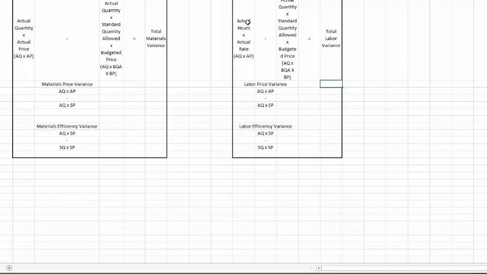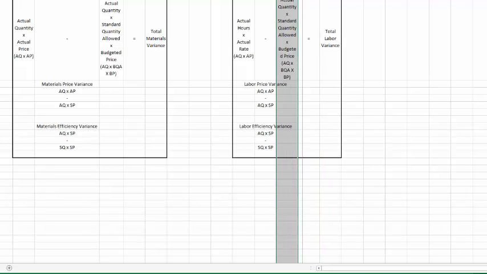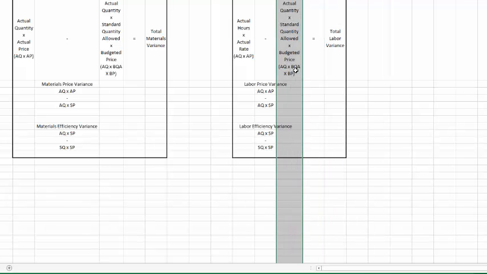All right, so instead of the actual hours, we're going to take the actual quantity of units and multiply it times the standard quantity allowed. And then we're going to multiply it times the budgeted price, and that would have given us the flexible amount that we would have expected for our labor.